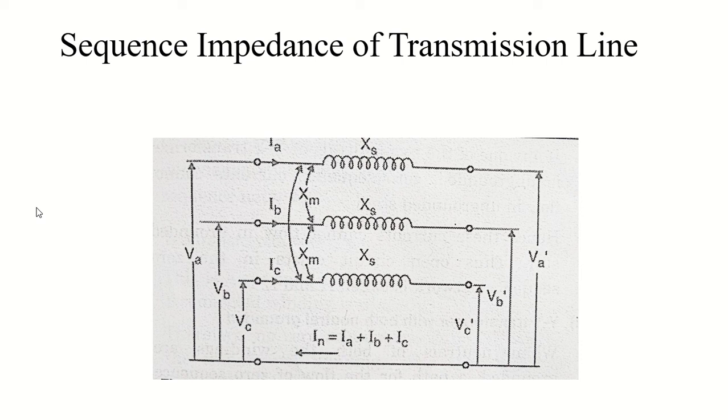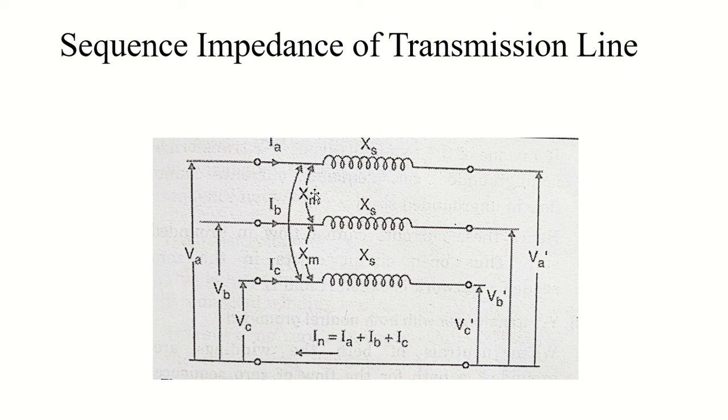All three lines have identical self reactances, and the mutual reactance between the lines is given by Xm. The voltages on the left hand side, the sending end, are Va, Vb, Vc for each line, and on the receiving side are Va dash, Vb dash and Vc dash.